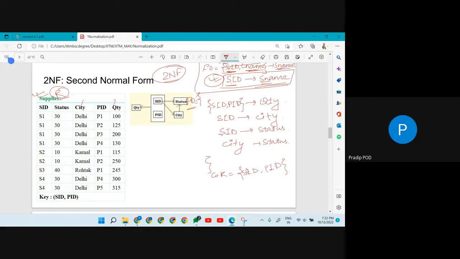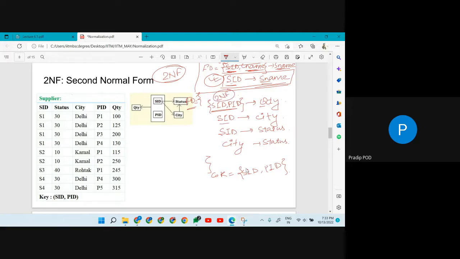Now you have to check the condition whether it is in the second normal form or not. So we check the first condition. Is this a proper subset of the candidate key? No. It is itself the candidate key and determines the non-prime attribute, so this is in the second normal form.